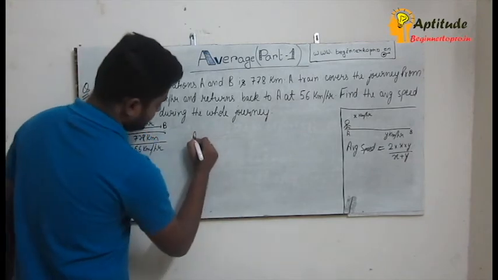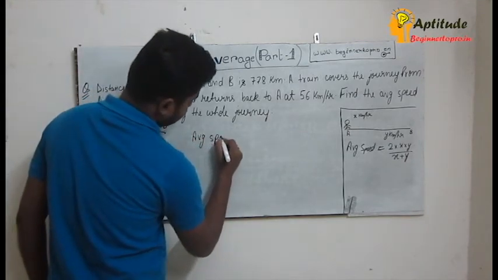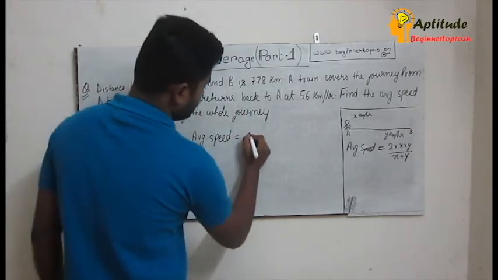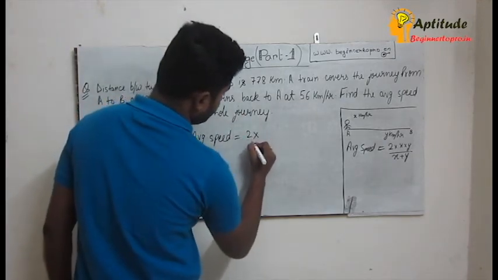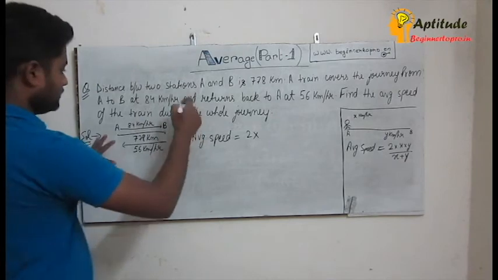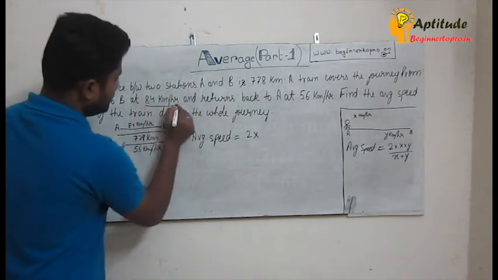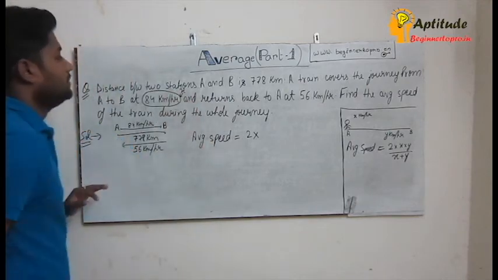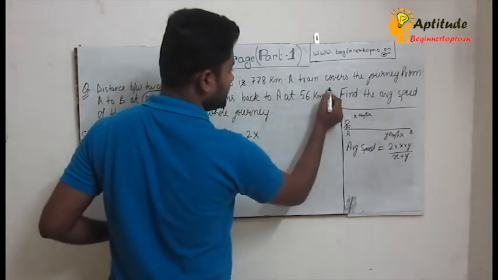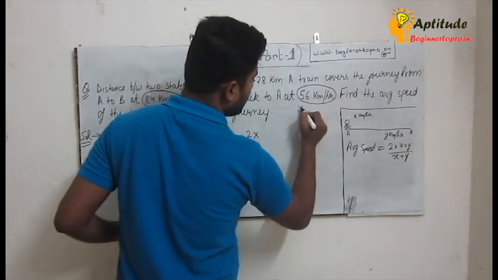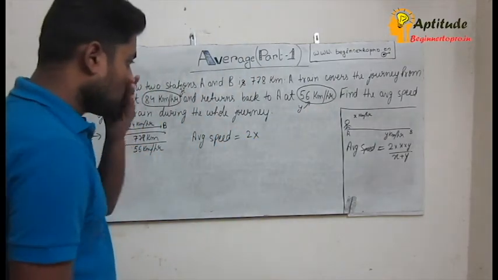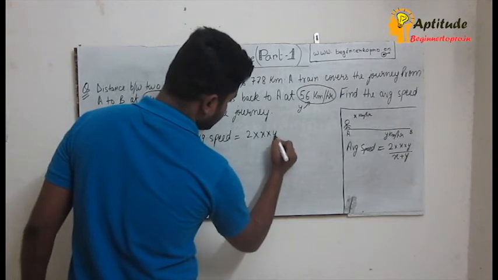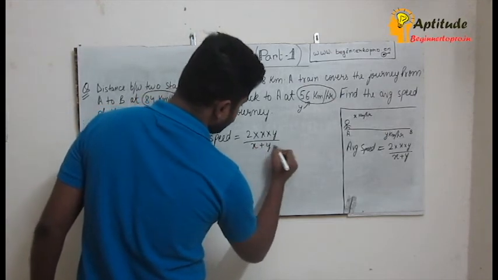So the average speed of the train during the whole journey will be 2 into x. Let us denote this speed by x and this speed by y. Okay. So we know from the formula that it is 2xy upon x plus y.